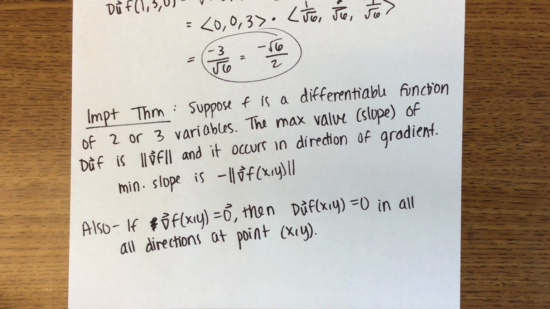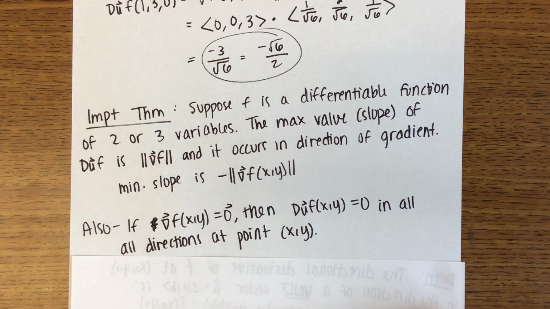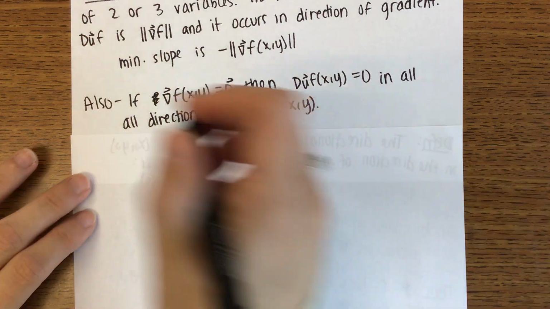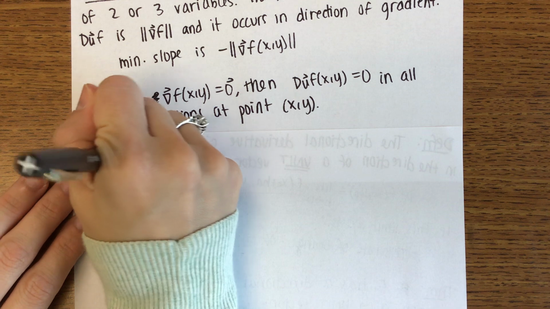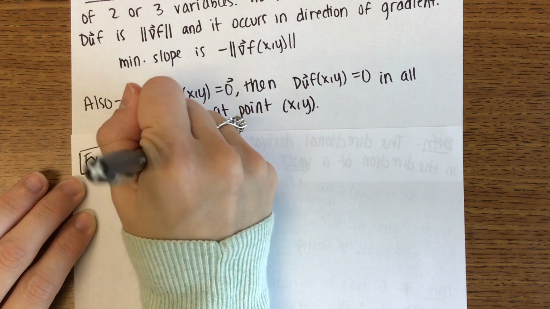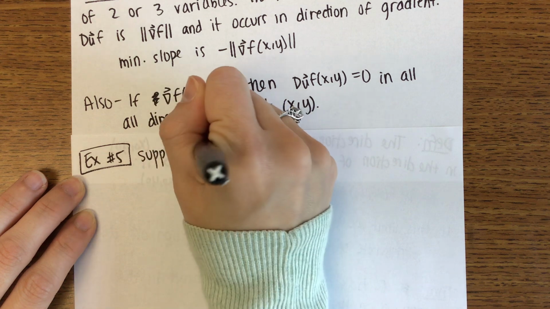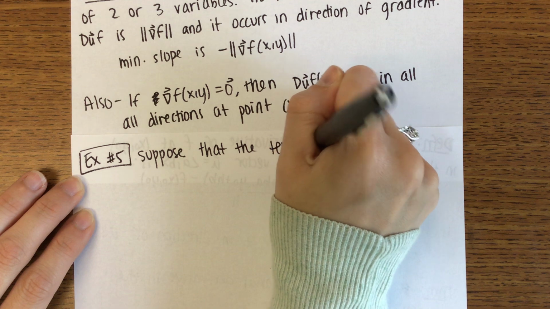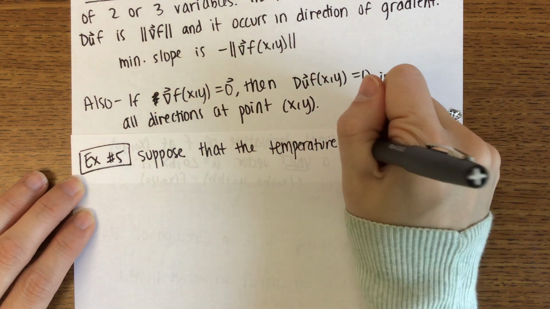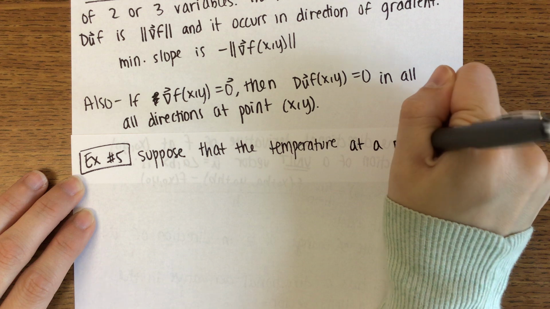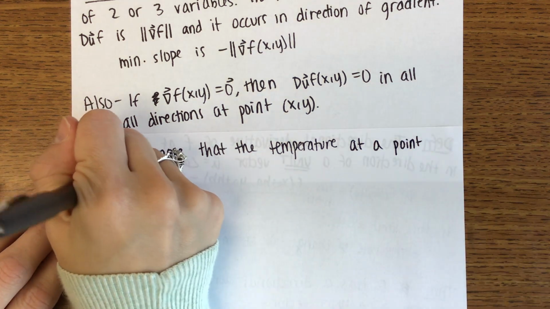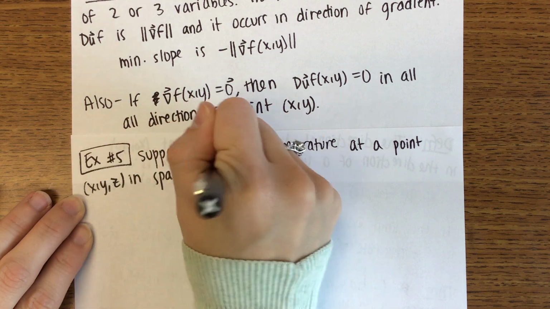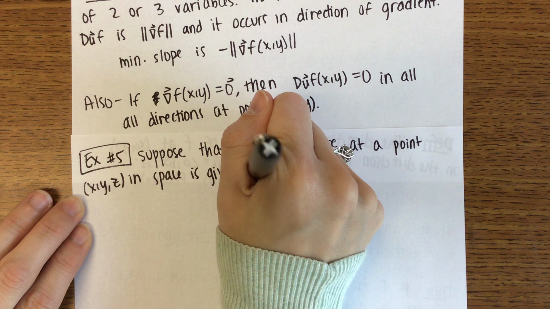We're going to do one example, and then this will be the last one for today. Suppose that the temperature at a point (x, y, z) in space is given by the following function.